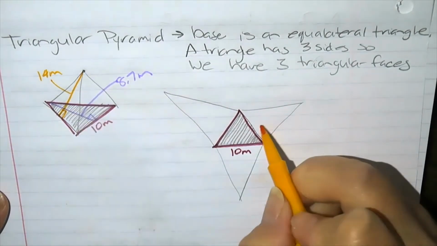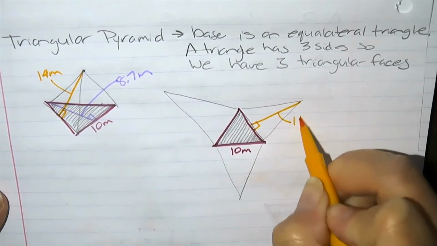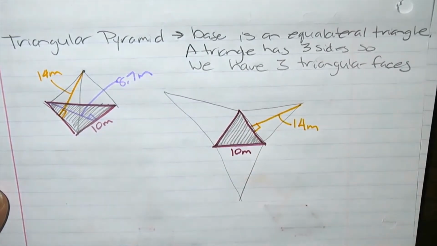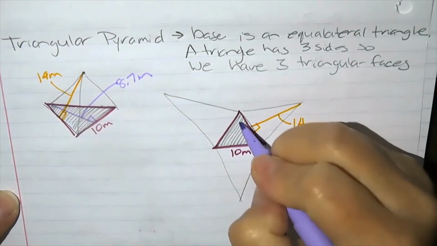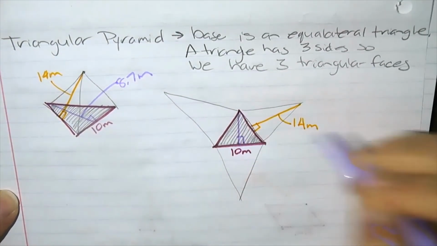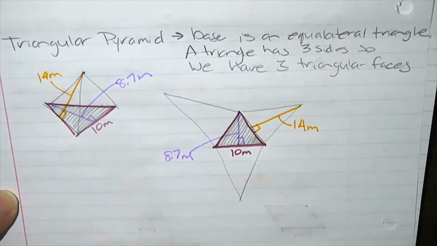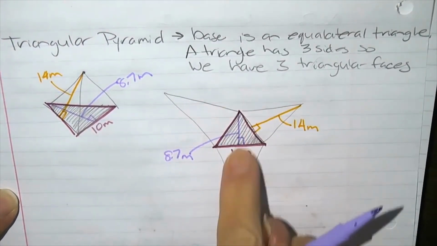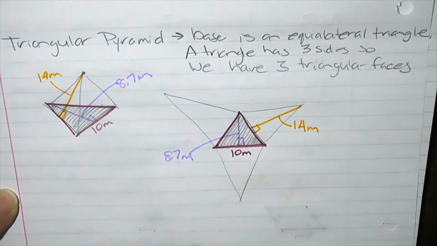This is telling me that the height of the face is 14 meters. And then this is telling me that the height of my base is 8.7 meters. Now do you see the triangles and the measurements? It makes it a little bit easier.